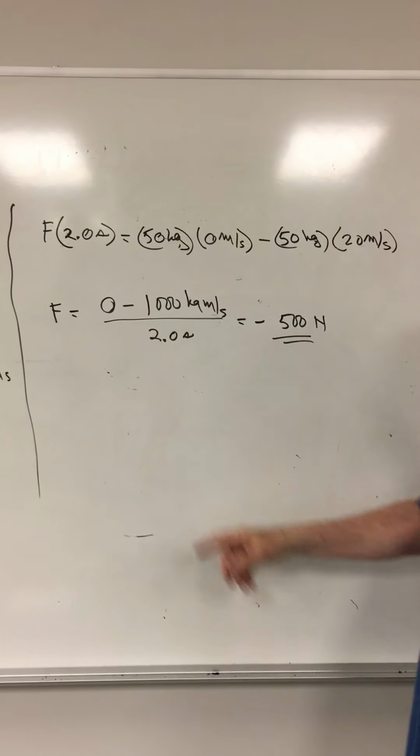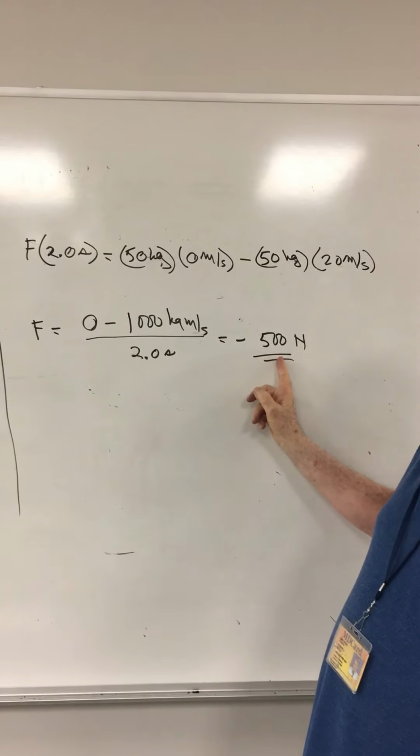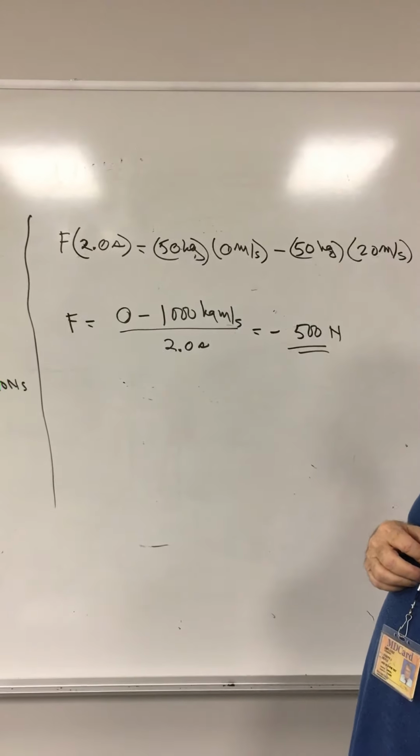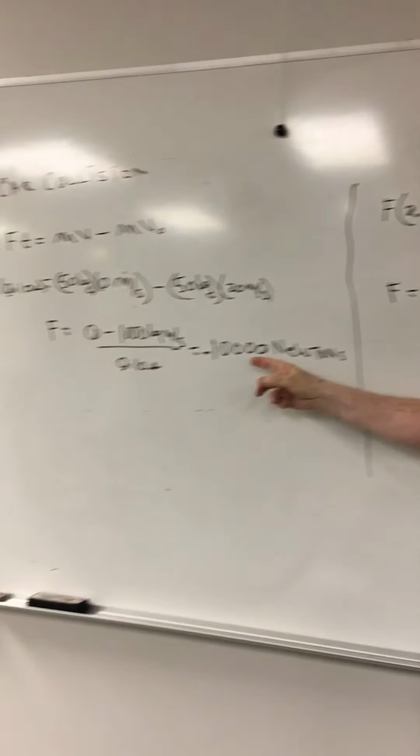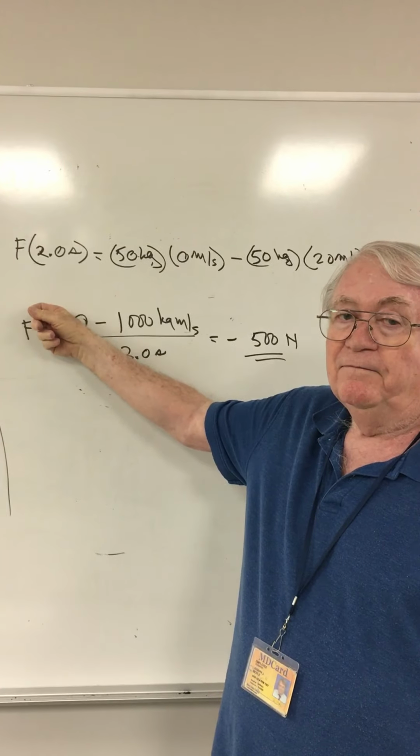And as she stops in 2 seconds, you work out the force on her body comes out to be about 500 newtons. It's negative because it's stopping her. So comparing 10,000 as compared to 500, you can definitely see the advantage of having an airbag.